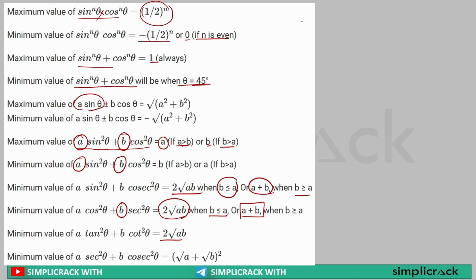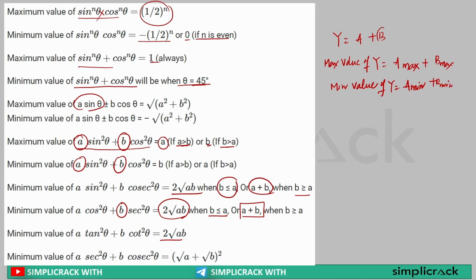If something is written like this, that y is equal to, for example, a plus b, so the maximum value of y will always be maximum value of a plus maximum value of b, or minimum value of y will always be minimum value of a plus minimum value of b.